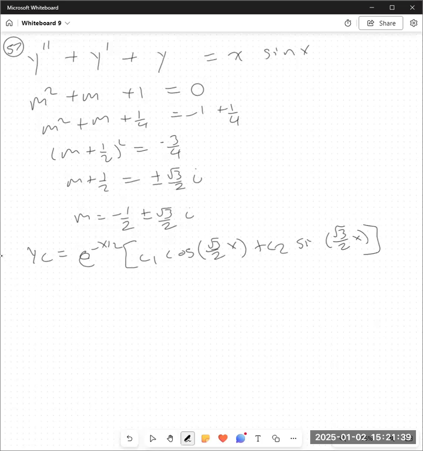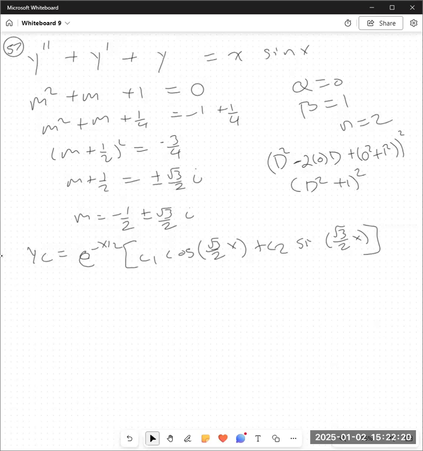Now we have an alpha of 0 and a beta of 1, but we have an n of 2 because I have an x in front of that. So I'm going to have d squared minus 2 alpha d plus alpha squared plus beta squared to the nth power. So my d squared plus 1 is going to be squared.